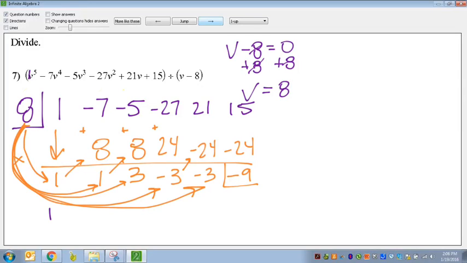So it's going to be 1 v to the 4th, and then plus 1 v to the 3rd, plus 1 because it's a positive 1. It's going to be plus 3 because it's a positive 3, v squared, minus 3v, minus 3. And then the negative 9 is my remainder. And it doesn't go in evenly, so I just write minus 9 and divide it by the v minus 8 from the very beginning. So v minus 8.